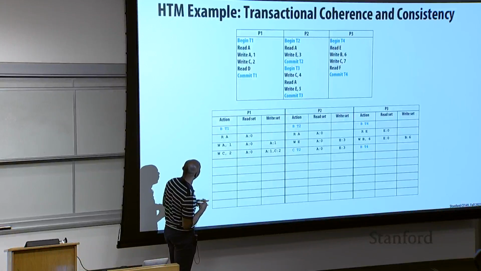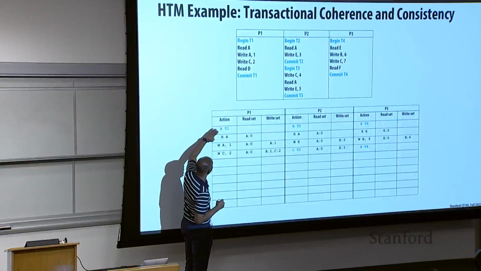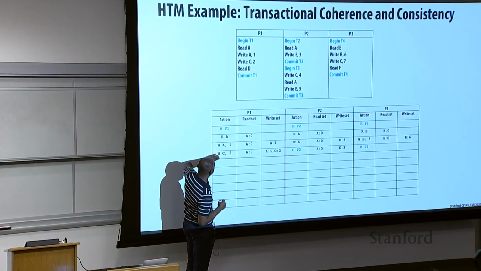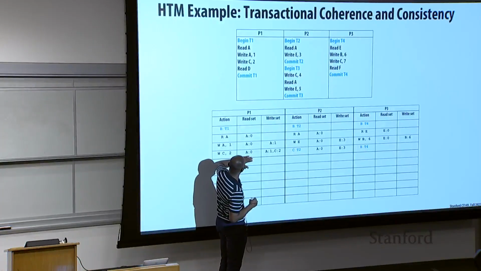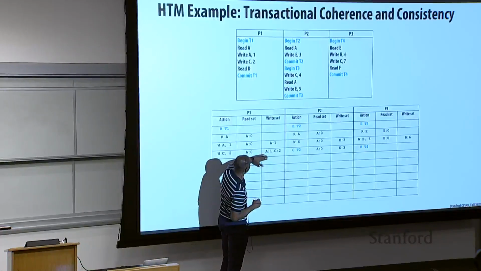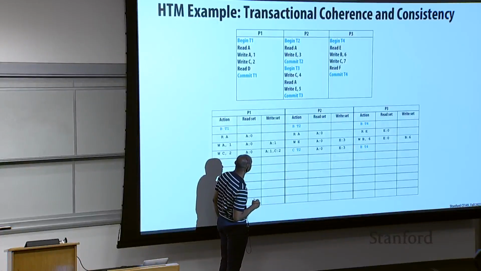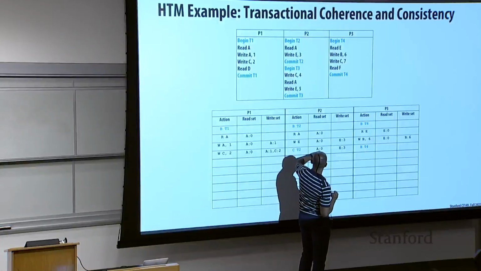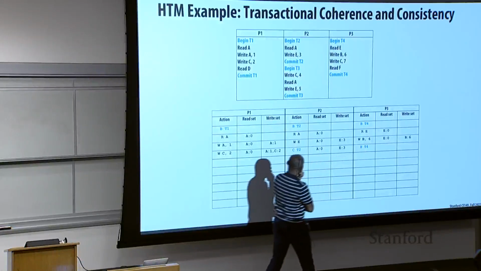We started executing transaction 1 on processor 1, and at the point at which we do this write of C, A is in the read set, and A is in the write set, and C is in the write set for processor 1. A is in the read set of processor 2, E is in the, and so on.